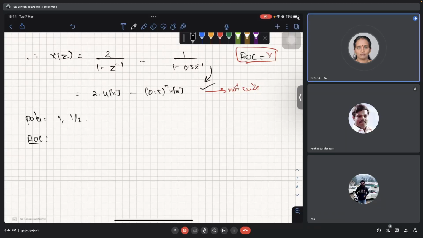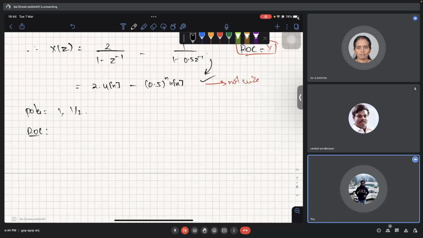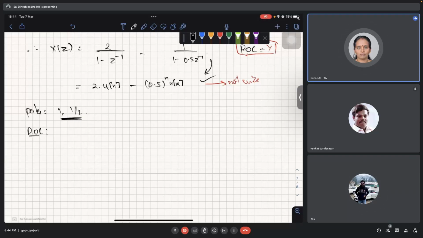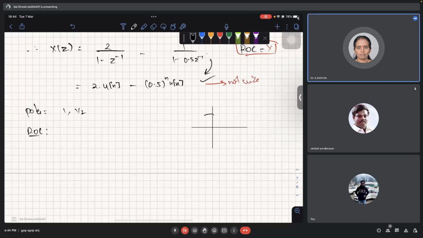What are the different types of ROCs that you get from these two poles? 0.5 and 1.